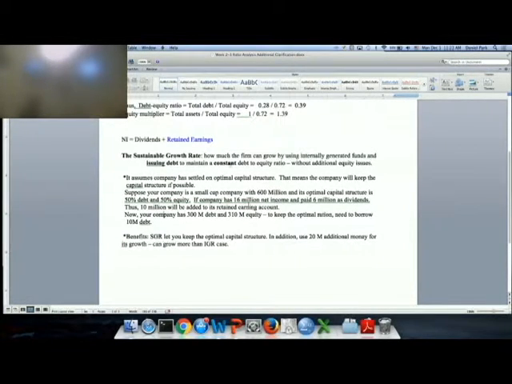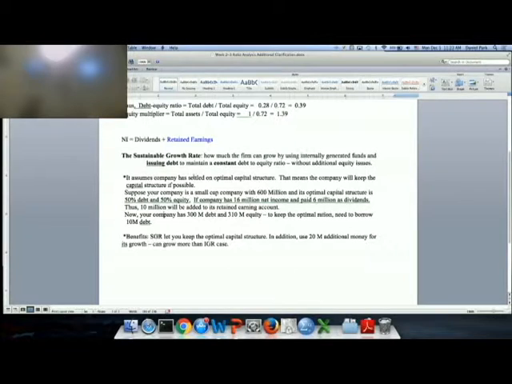Compared to the internal growth rate, which uses only the 10 million leftover retained earnings money, the sustainable growth rate lets you use 20 million, 10 million retained earnings and 10 million additional borrowing. Since you use 20 million rather than just 10 million, the sustainable growth rate will be much higher than the internal growth rate.